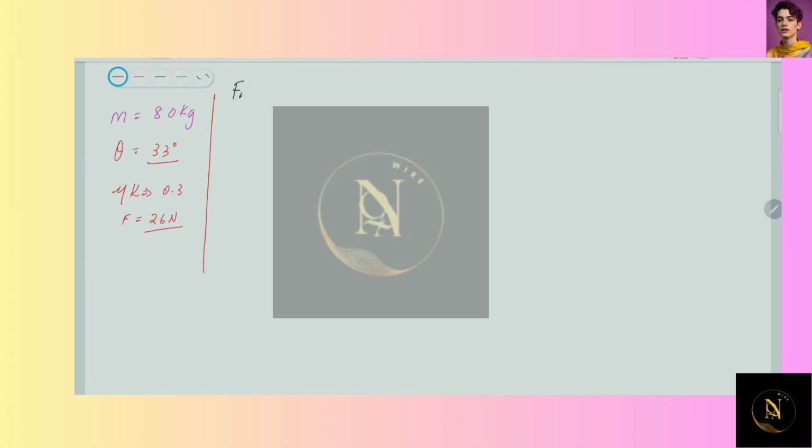Let's say F net is F minus coefficient of friction times mg cosine of theta, plus mg sine of theta. So we're looking at 26 minus 0.3 multiplied by 8 times 9.8 cosine of 33, plus 8 times 9.8 sine of 33.